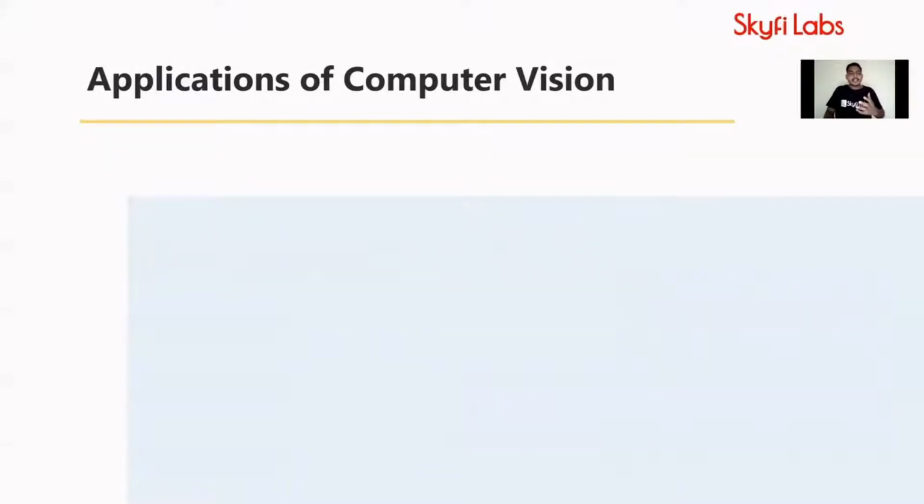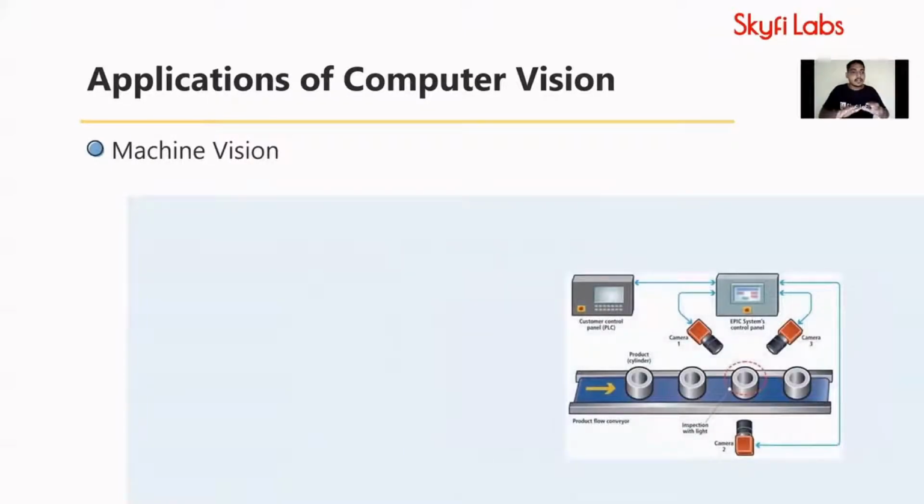Let's take a look at the different ways we can use computer vision. Many industries and many people use computer vision in their own ways. Let's look at a few examples. For example, machine vision in factories: the same product is built 1,000 times.